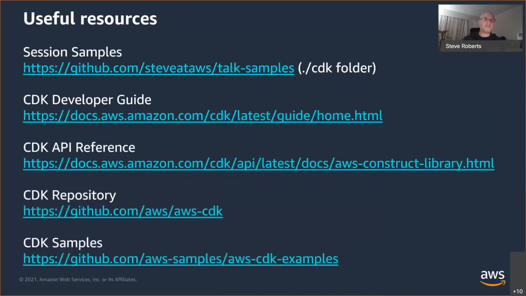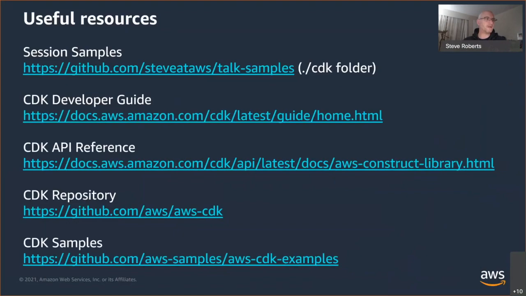Okay, some useful resources. All of the session samples that I used today, and there's some more from other CDK talks that I've done, can be found at that GitHub repo. I will also upload the deck into a decks folder later on. The CDK Developer Guide and CDK API Reference are your go-to resources for learning about the CDK. In fact, I have the API reference up.